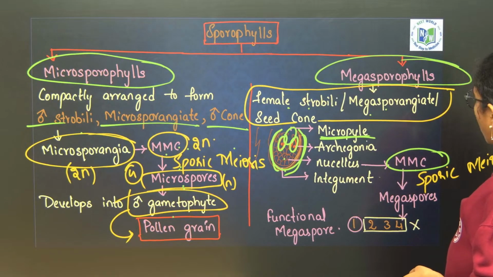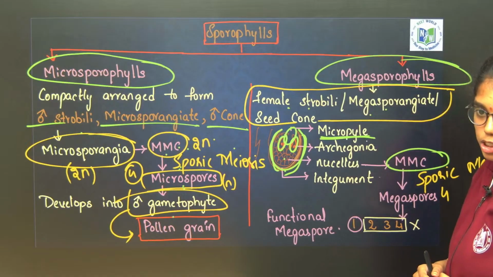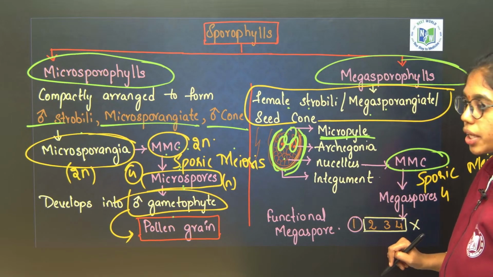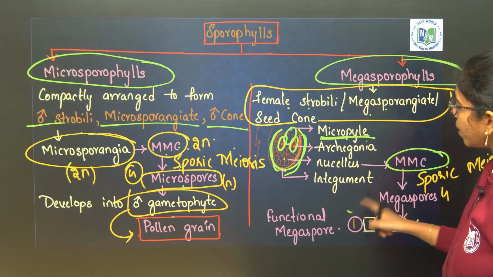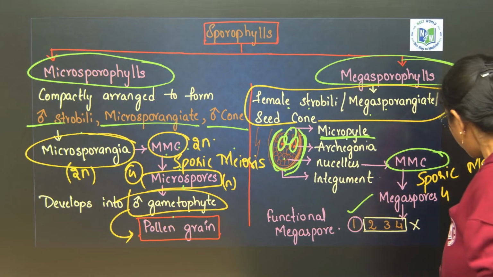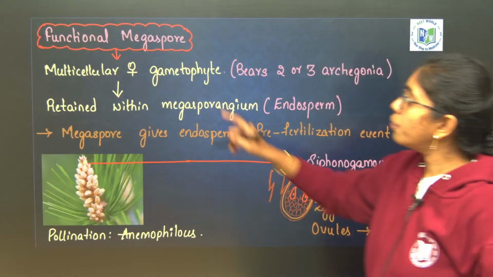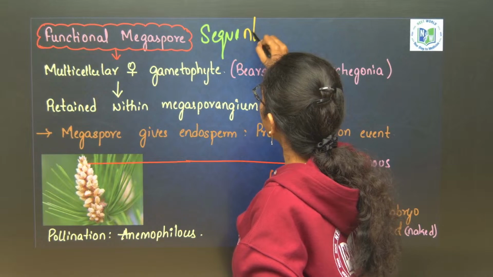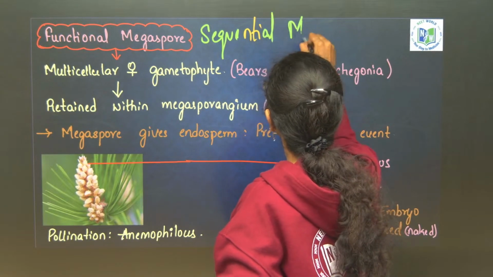And it forms how many megaspores? 4 megaspores. Of these 4 megaspores, 3 megaspores will degenerate, and 1 megaspore will be functional. This functional megaspore will undergo sequential mitotic divisions.